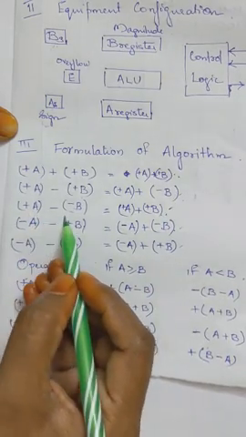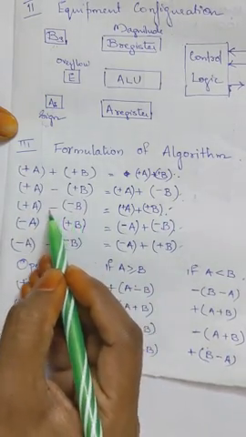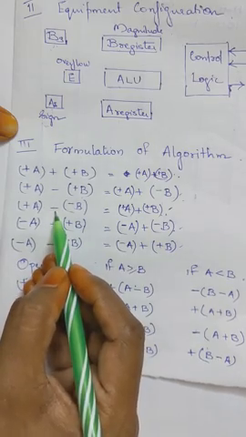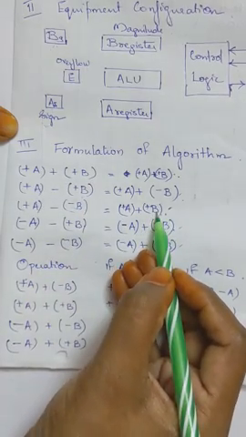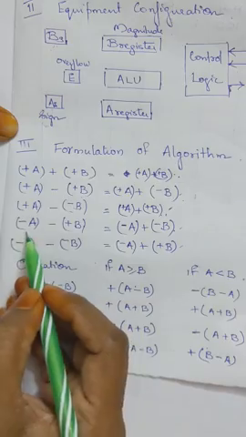Again, plus A minus B: if it is subtraction, it will be made addition and B will be complemented. The complement will be taken of the second operand.